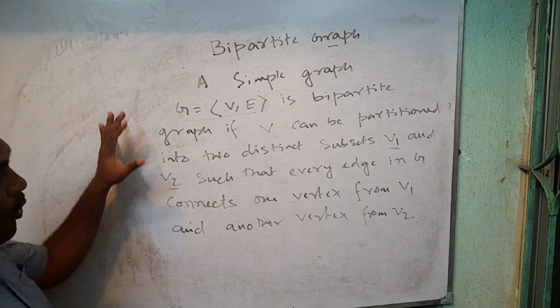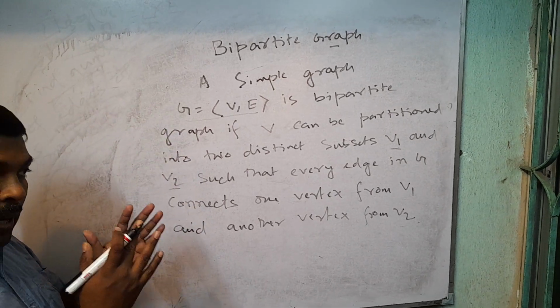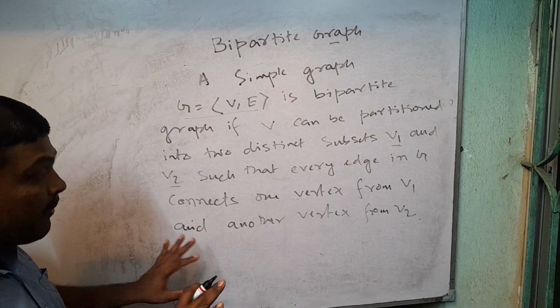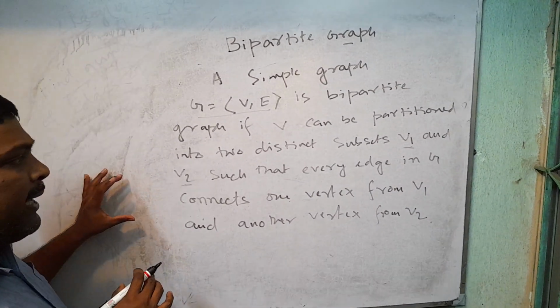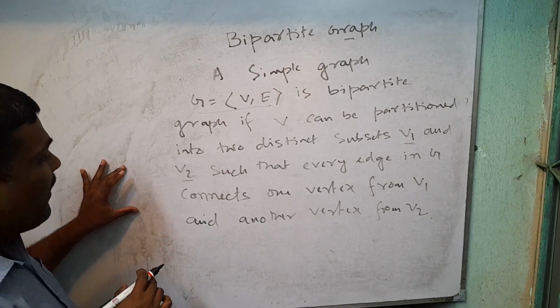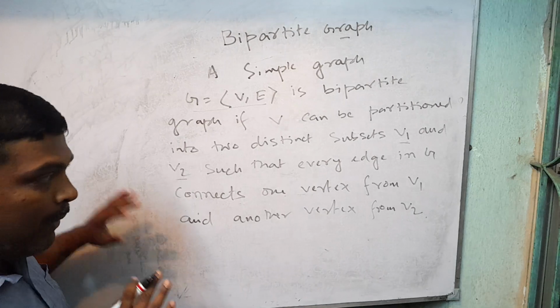So a bipartite graph is a simple graph whose vertex set can be partitioned into two distinct vertex subsets V1 and V2, such that for any edge you take, you will find two vertices, one from V1 and another from V2.